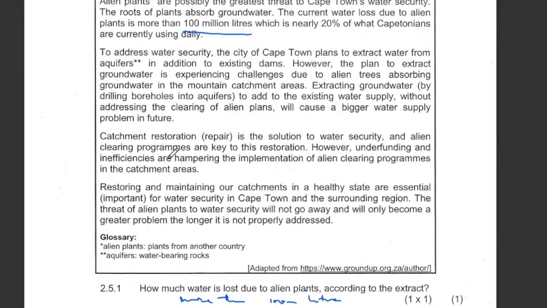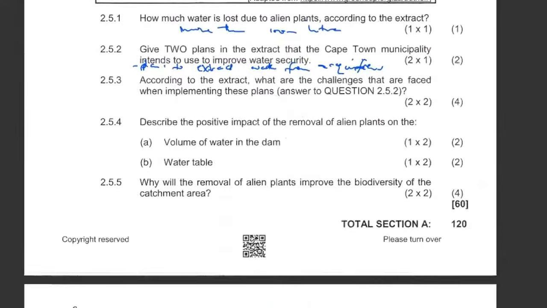So there is another plan of clearing, and also extracting underground water, drilling boreholes into aquifers. Since it is 2 marks, we can also have drilling boreholes, as indicated.